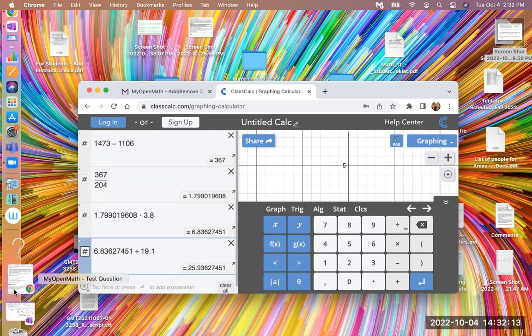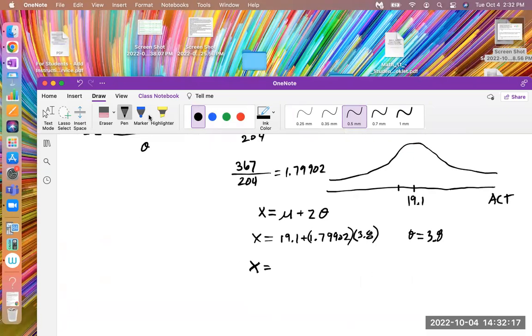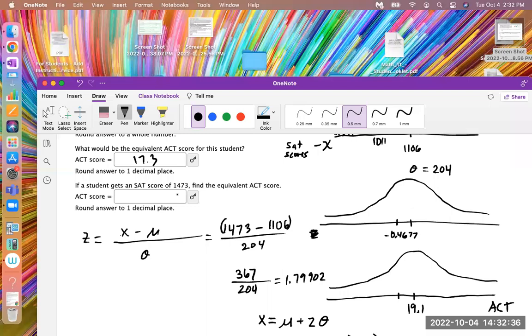And that is our answer. So if we go that same number of standard deviations above the mean in this new ACT distribution, we'll be at 25.9. So that is the ACT score that's equivalent to getting a 1473 on the SAT.